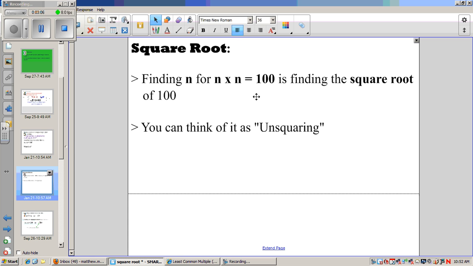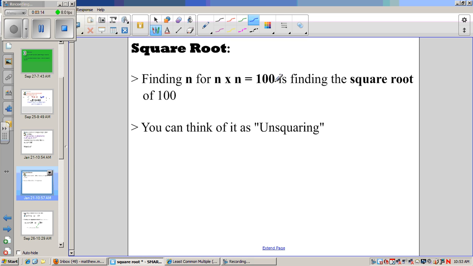So if we're trying to figure out what number times itself equals 100, one of the things that we can do that helps us out is to do a factor rainbow for the number. So if I did that for 100, I could do 1 and 100. And then I could say, okay, what might come next? I could say, well, 2 and 50. And then I keep going.